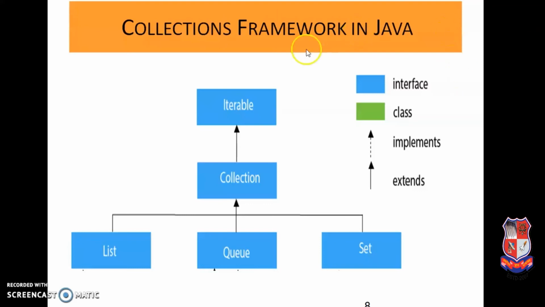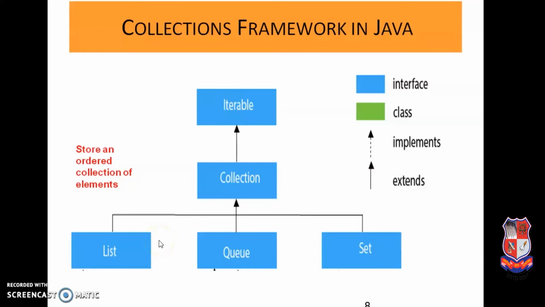So the base interface in this collection framework hierarchy is iterable. So every collection is iterable. Clear? And we'll learn about iterable in an upcoming slide. So every collection is iterable and collection interface is extended by list, queue, and set. So in the next slide we'll learn about these things.